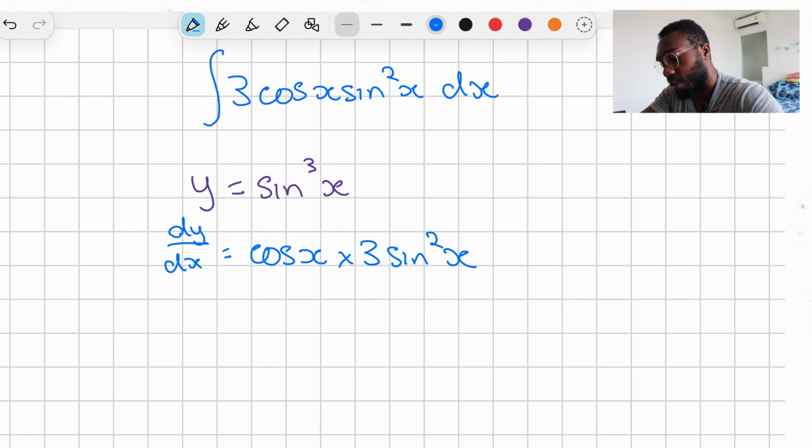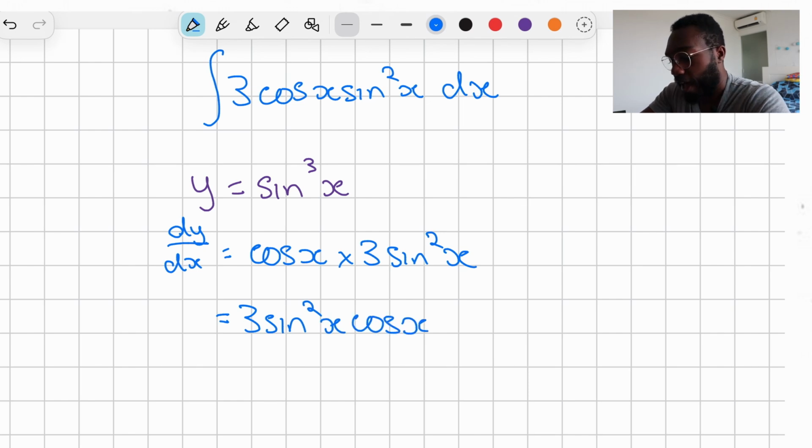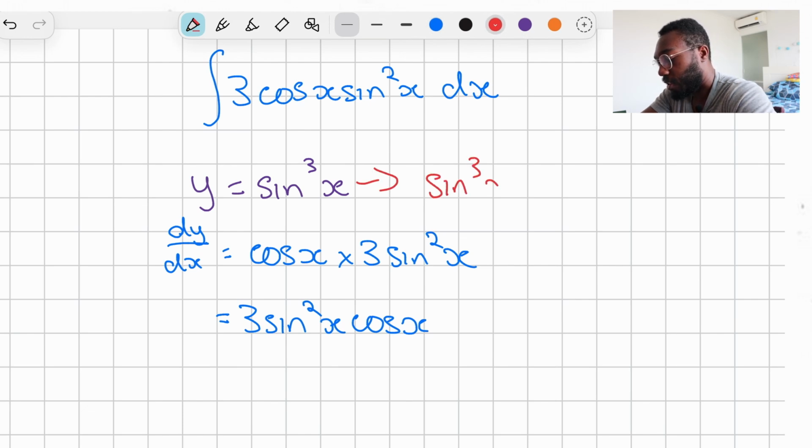Put that together and you get 3 sine squared x cosine x. As you can see, that is exactly what we had in our question: 3 cosine x sine squared x. It's exactly the same, therefore we don't need to change anything. Our answer would just be sine cubed x plus your c.